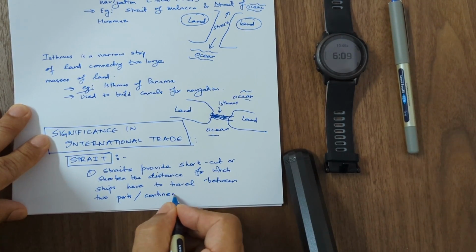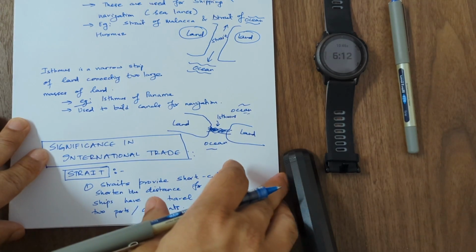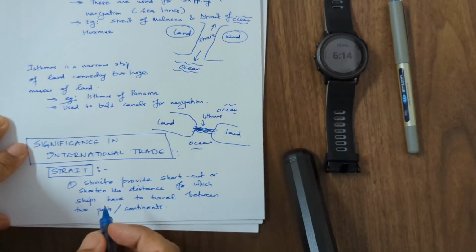Okay, because normally they are traveling from one continent to another, so they reduce the distance. And you can underline also, shorten the distance.